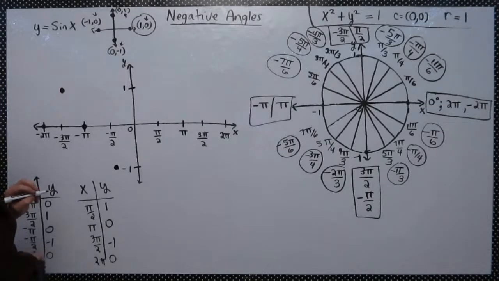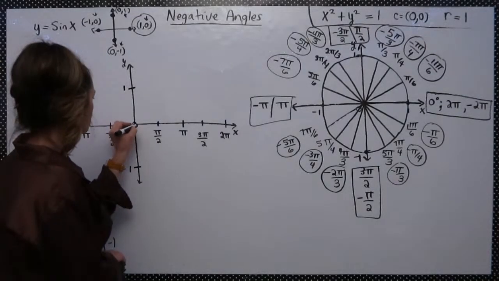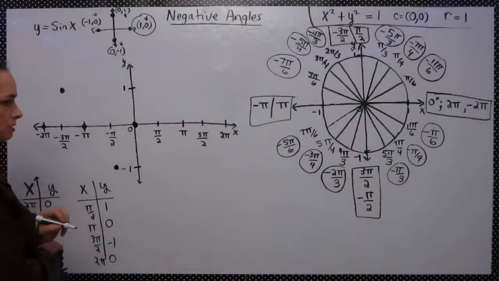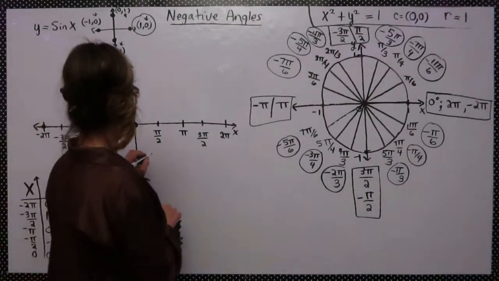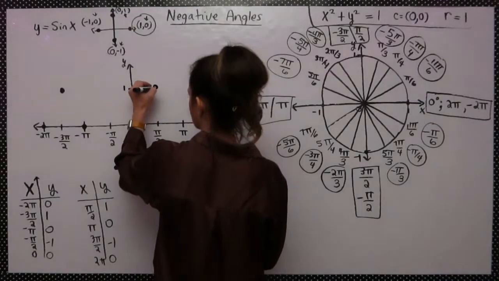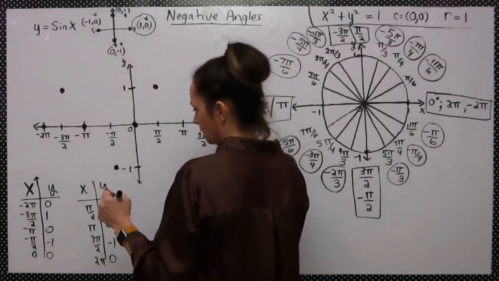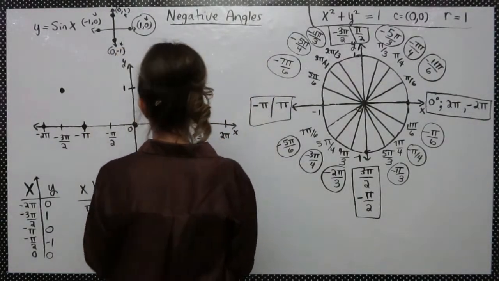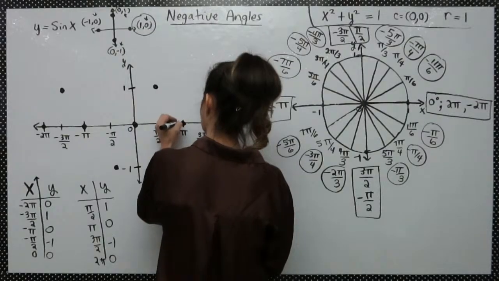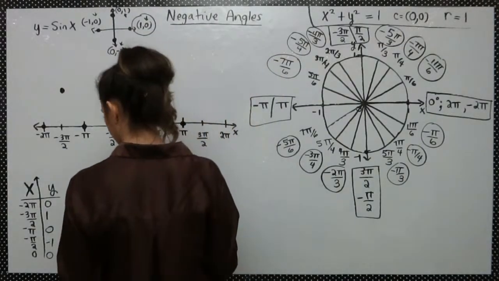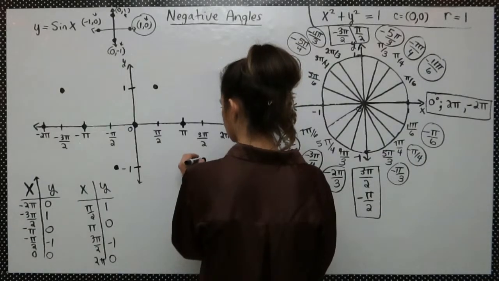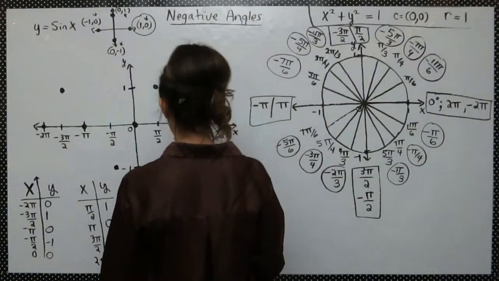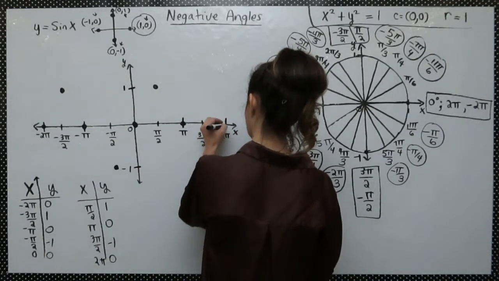And 0, the origin. And then pi over 2 is positive 1. And then pi would be 0. And then 3 pi over 2 is negative 1. And then 2 pi is back to 0. Okay.